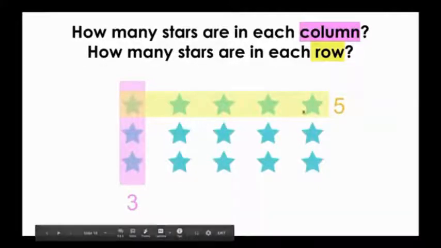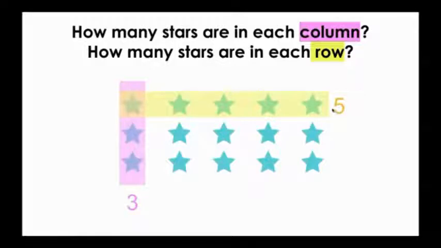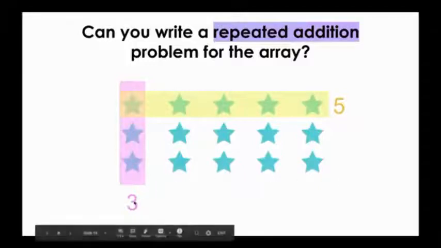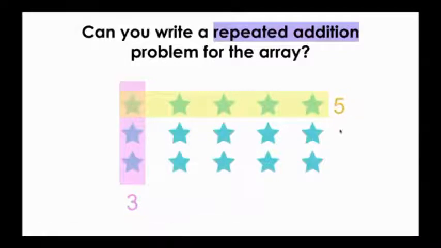A row goes side to side, and we have 5 stars in each row. I hope you got the same answer as me. Now, can you write a repeated addition problem for the array? Remember, you can either add columns together or rows together. Pause the video and give it a try.